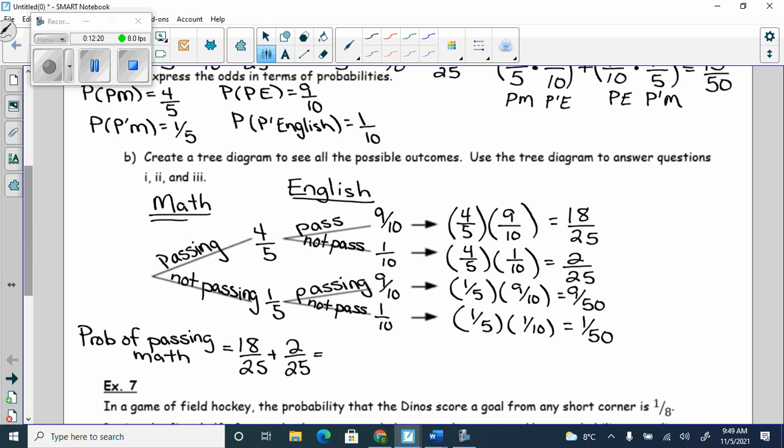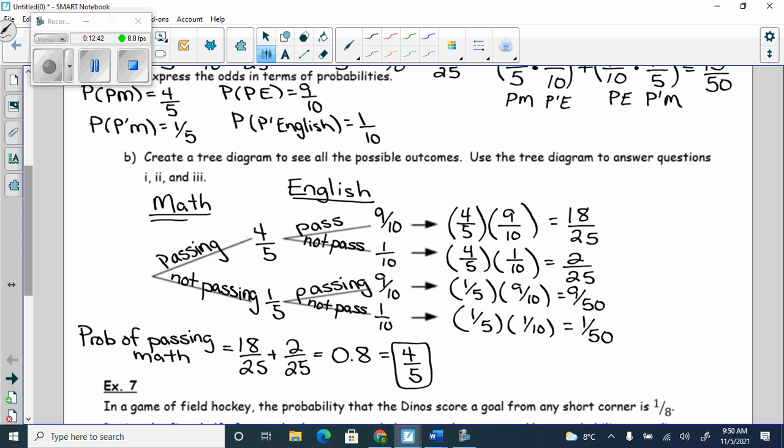Make sure you put fractions in brackets. And you get 0.8. Or you could get 4/5, which is what it would reduce to.